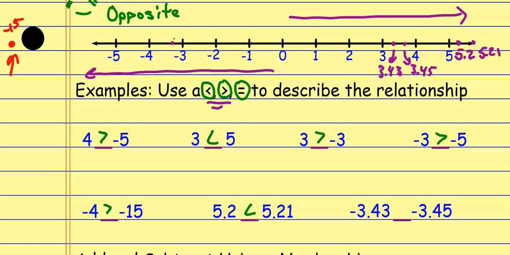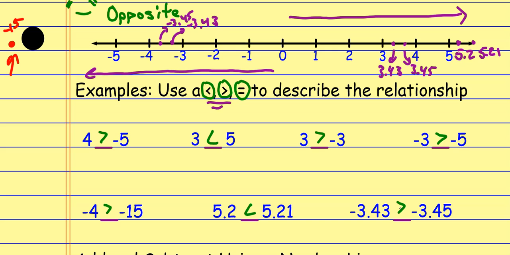The negative 3.43 would be here, and as it gets more negative, negative 3.45 would be here. So now think about which one is farther to the left, okay? The negative 3.45 is farther to the left, so that one's smaller. The negative 3.43 is farther to the right, so that one is bigger, okay?